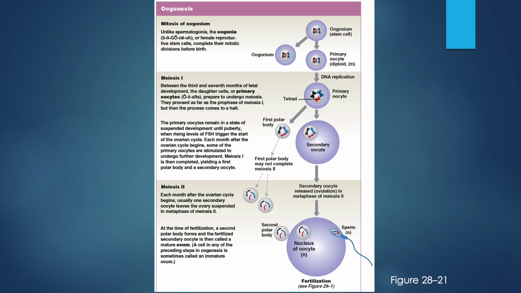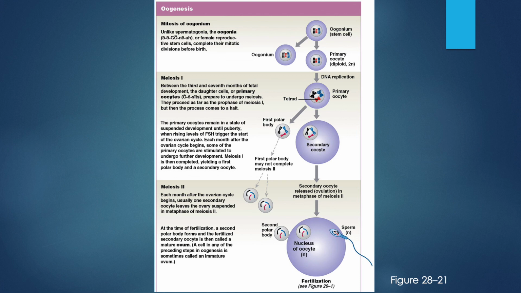Let's take a look at the process of oogenesis as a schematic. Starting off at the top, we start with mitosis of oogonium. We have our oogonium, which is our stem cell, and it can either become an oogonium or it can become a primary oocyte, which is diploid, by completing the mitotic divisions before birth. Then, through the process of DNA replication, between the 3rd and 7th months of fetal development, these daughter cells, the primary oocytes, will get ready for meiosis.